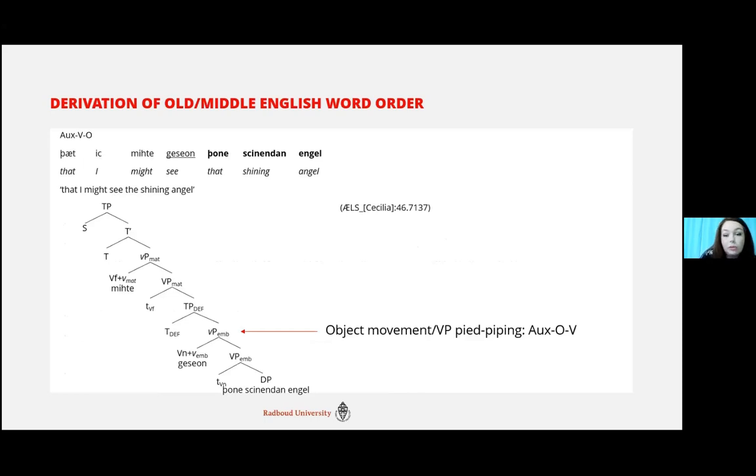When you move the object or you pipe the VP, it will result in auxiliary object verb word order. And if you move the object to the highest position, so to the higher little VP, you get object auxiliary verb word order. And I argue that this is an exceptional extra movement step that you have to make.